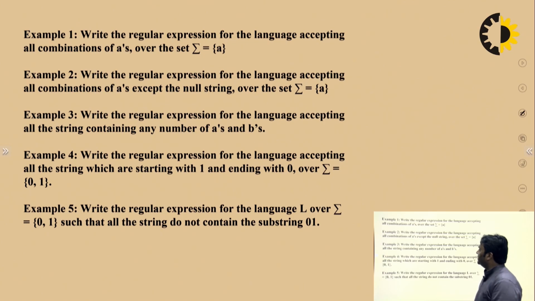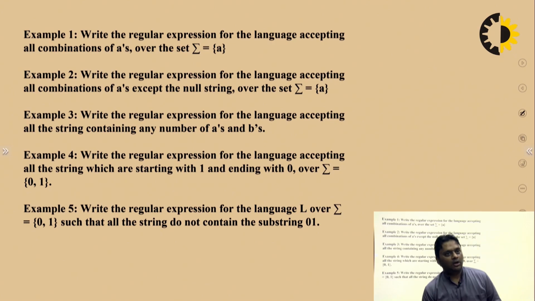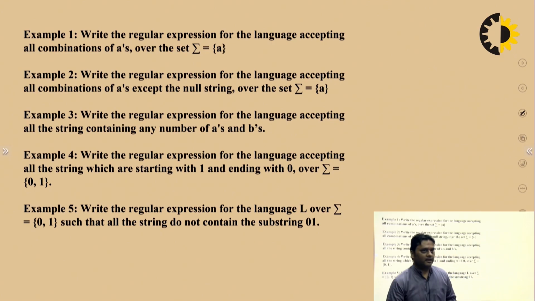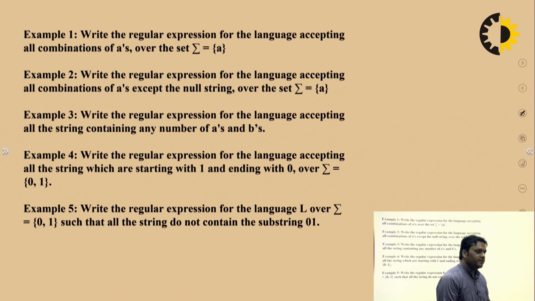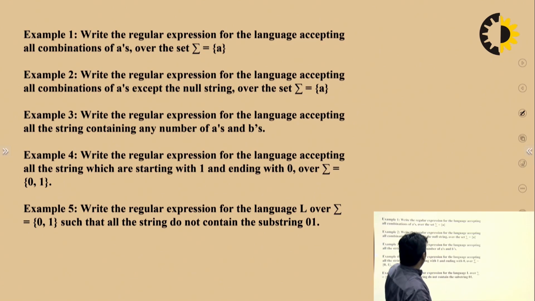First, write the regular expression for the language accepting all combinations of A's over the set sigma equal to A. It means we accept strings with all combinations of A's, that is, any occurrence of A. So what will be the language for this?